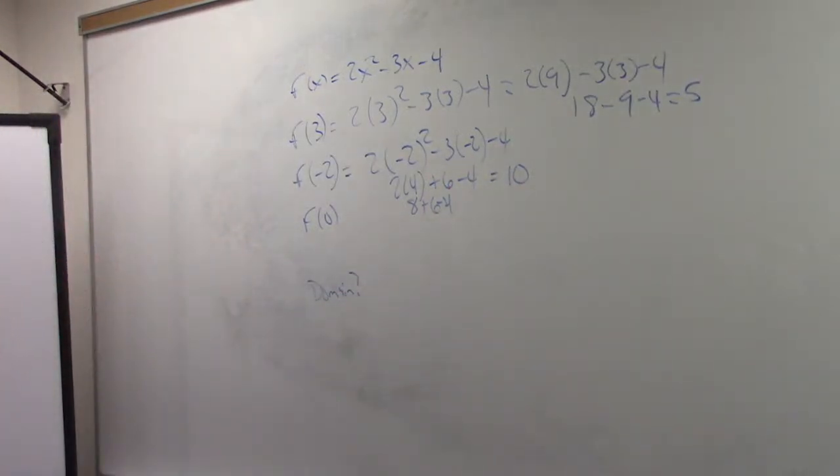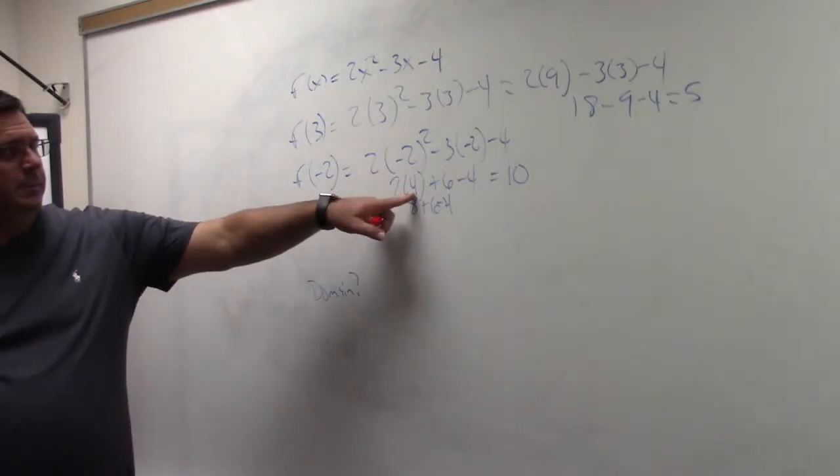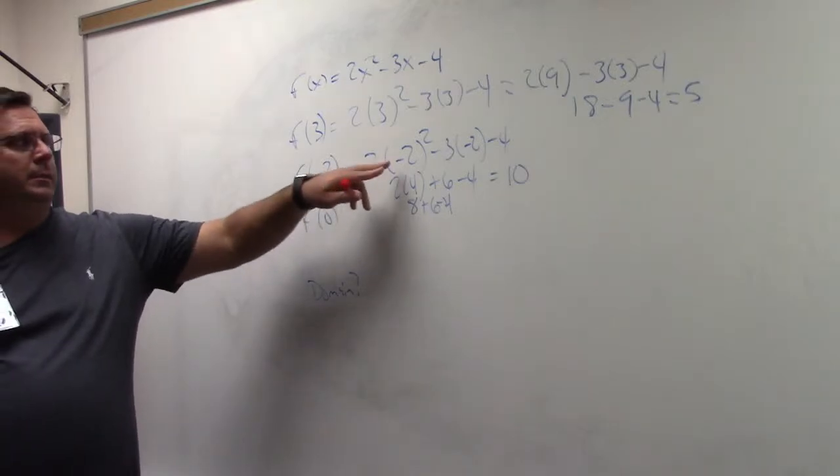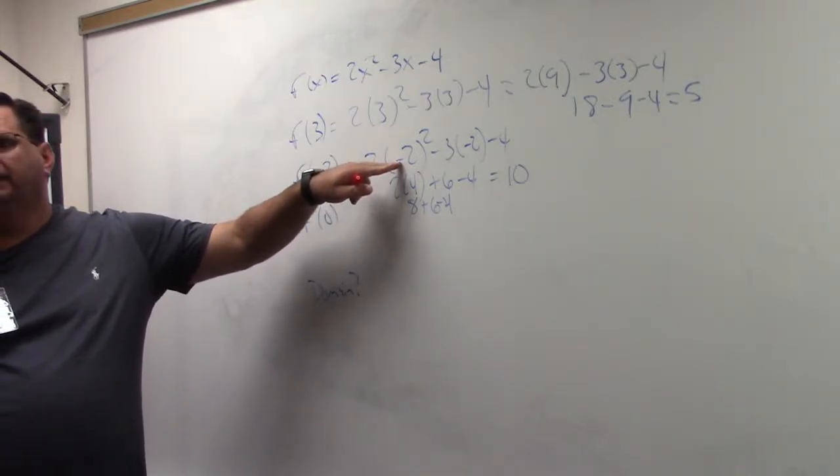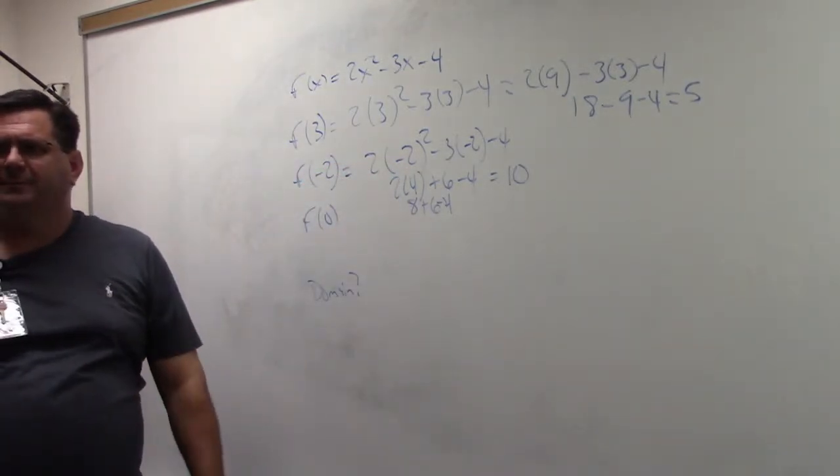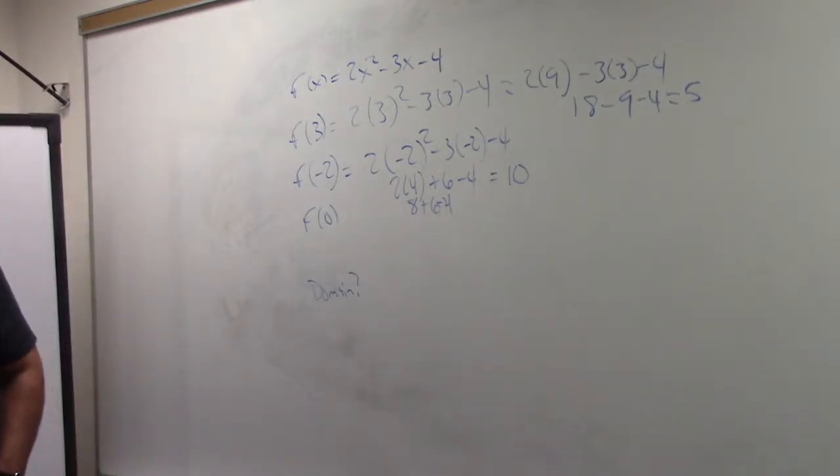But why is that not a negative? Isn't it negative 4 here? Yeah. Good question. Negative times negative is positive 4, right?